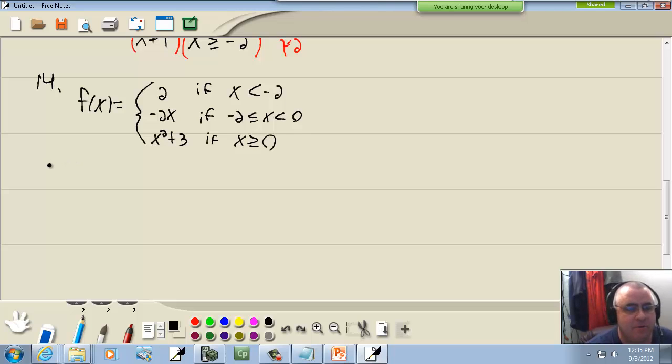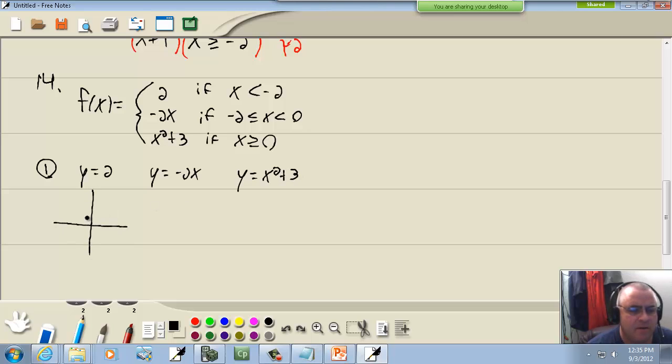Okay, first thing I'm going to do is graph each piece separately. So look at y is equal to 2, y is equal to negative 2x, and y is equal to x squared plus 3. Okay, y is equal to 2 looks like this.